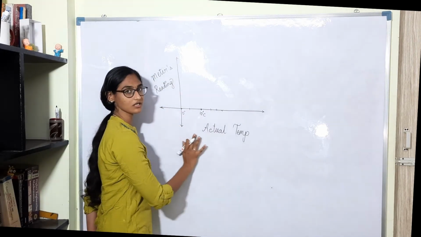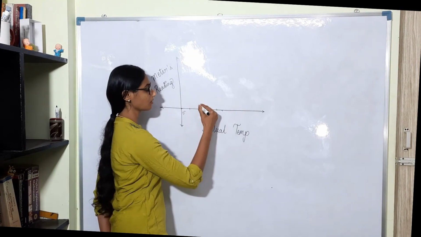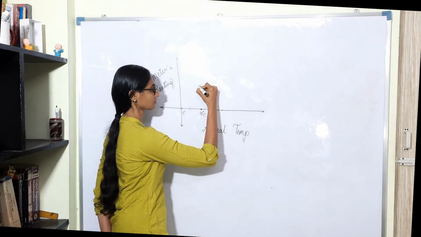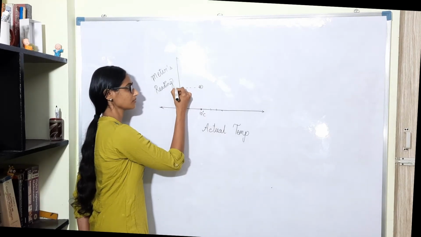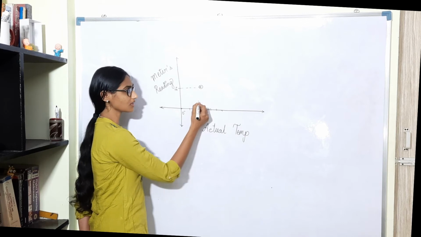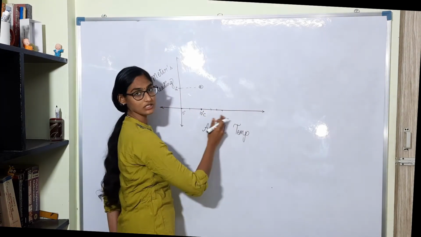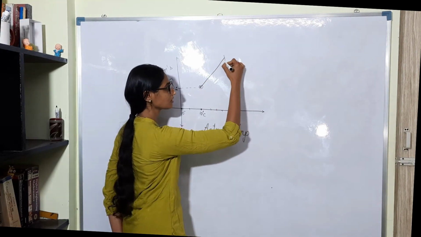I am just keeping on increasing the temperature. But your device responds only at 10 degrees Celsius. Your meter says it to be 10 degrees Celsius only when it is 10, and from 0 to 10 there is no response.